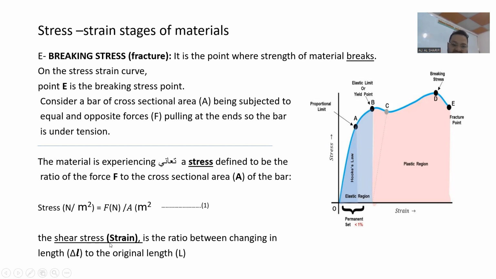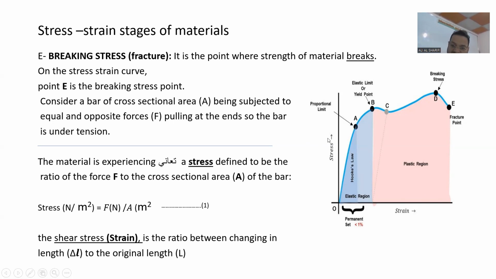Now the strain. It's the change in the length divided by the original length. That means we can say the strain is delta L divided by L, equation number 2.